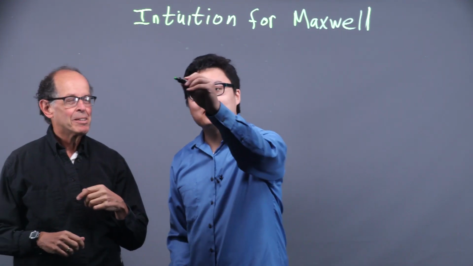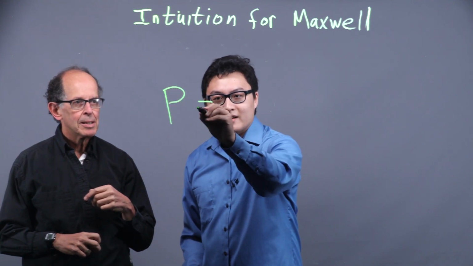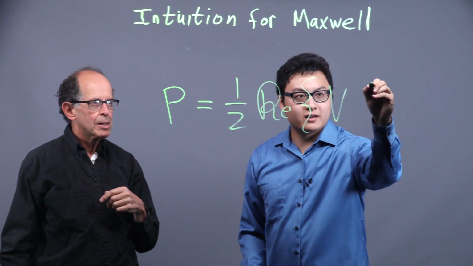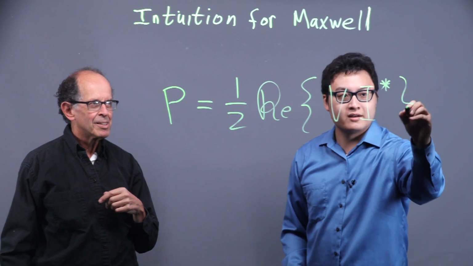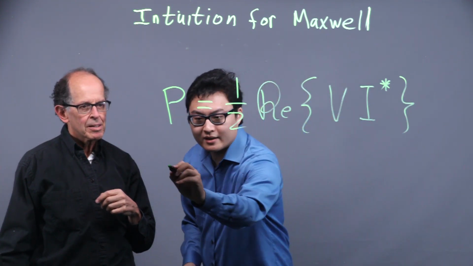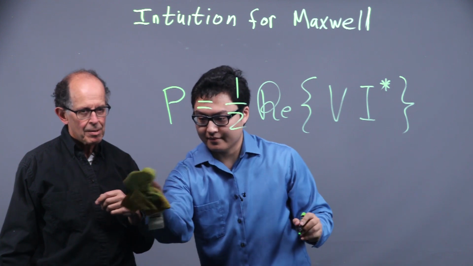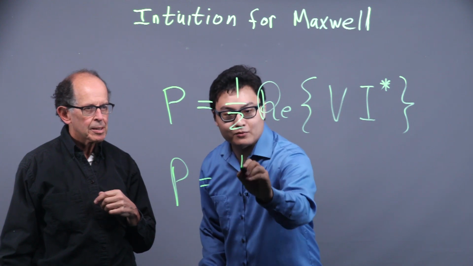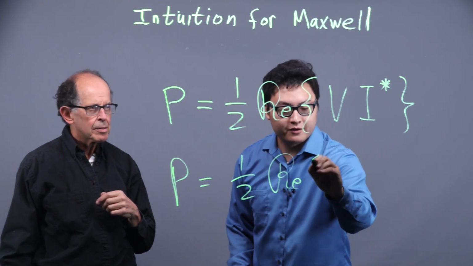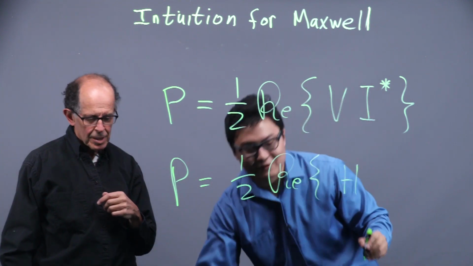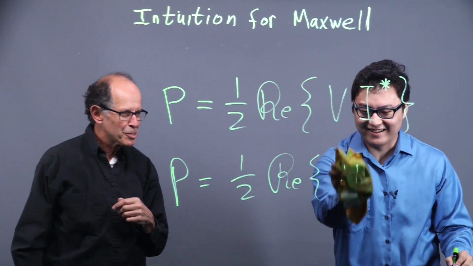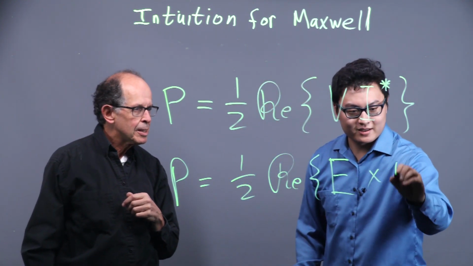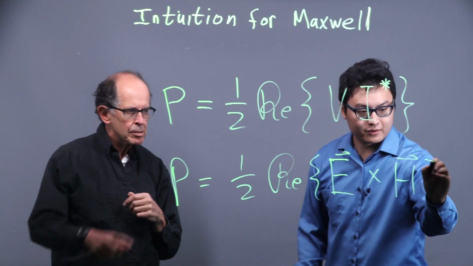Let's see. So last time we started with P equals 1/2 real part of V I complex conjugate, right? And then we set that for the fields. Yes, for the fields we have 1/2 real part of E cross H, vector and vector.